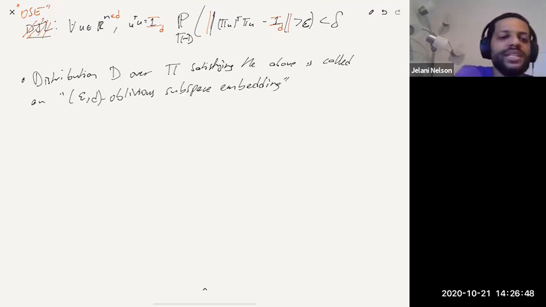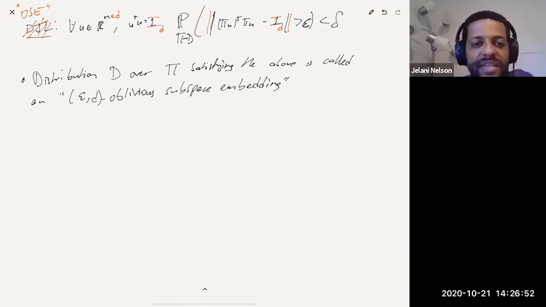What it means is for all linear subspaces E of dimension d, with good probability, a random matrix drawn from this distribution will be a subspace embedding for that subspace E. And if you write it this way, it's a natural generalization of distributional JL.